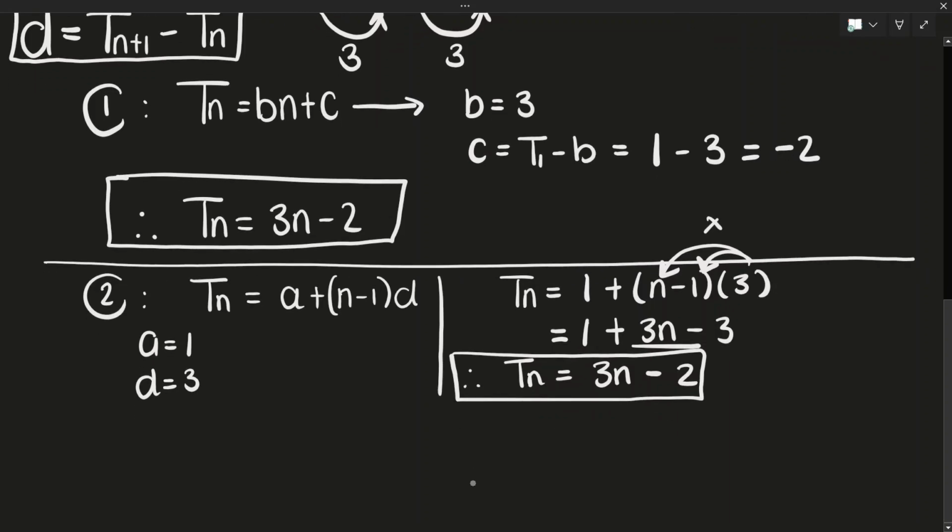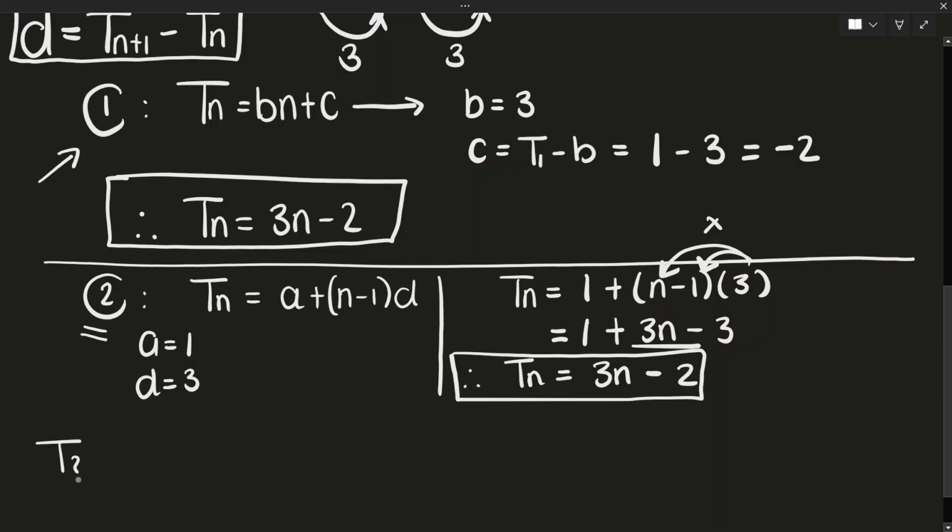Now, there are some pros and cons to each formula. A pro of the second formula is that if you are given values and they tell you to determine a certain term of a number pattern, for example, they tell you for this number pattern to determine a value that is equal to 154, you do not have to do that first.